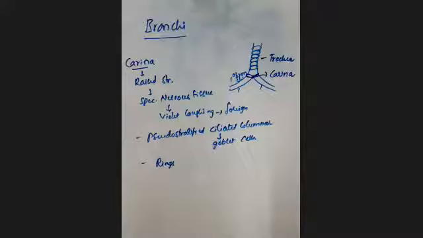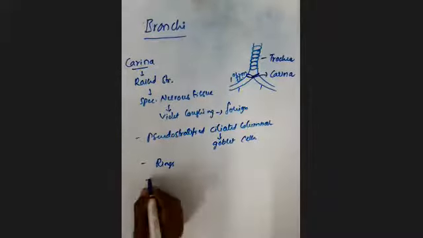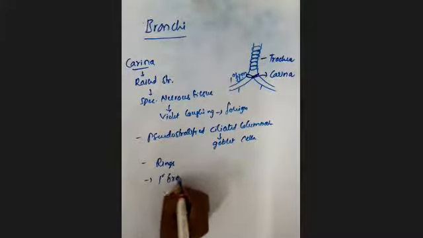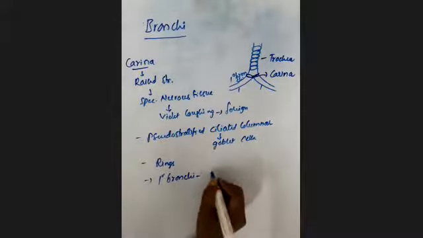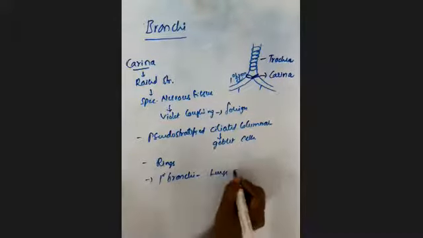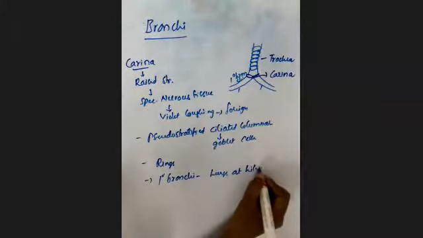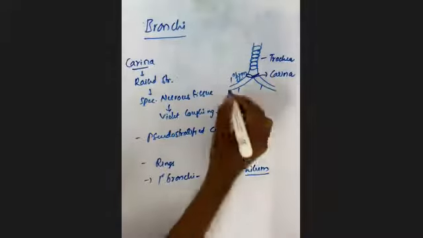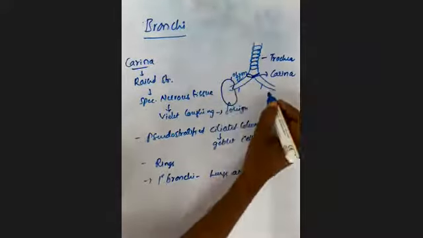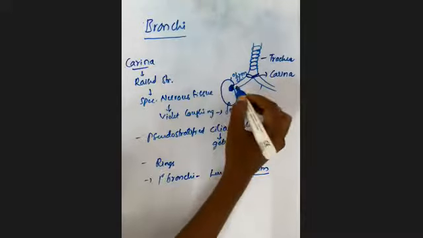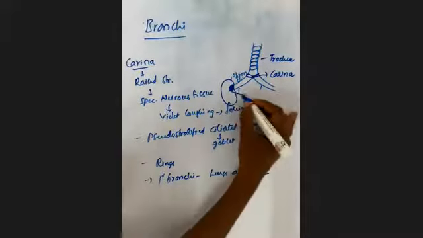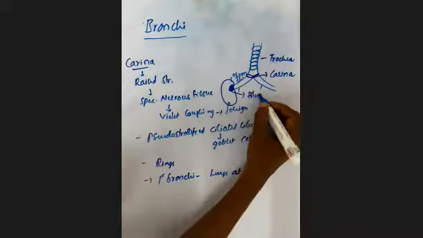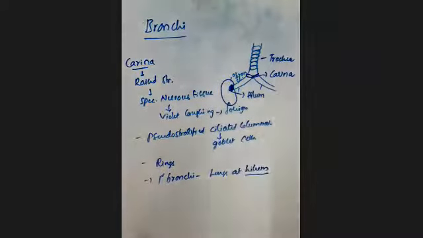This primary bronchi enters into the lung at the hilum. Mainly the primary bronchi enters into the lungs at a particular part you will call the hilum. Specifically, this part where it enters into the lungs, you will call the hilum.